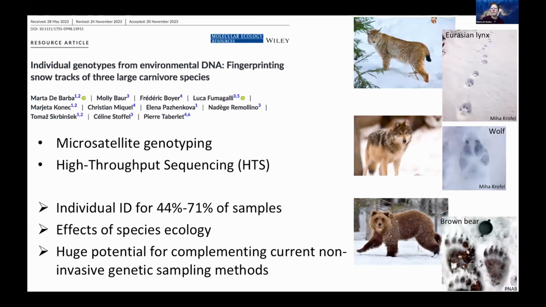We observed differences in the success rates between the species, and we think that there is probably an effect of the ecology of the species on our ability to retrieve and analyze eDNA from snow tracks. This is something we'll have to take into account for a broader application of the method. But these results represent a significant step forward for complementing current non-invasive genetic methods.